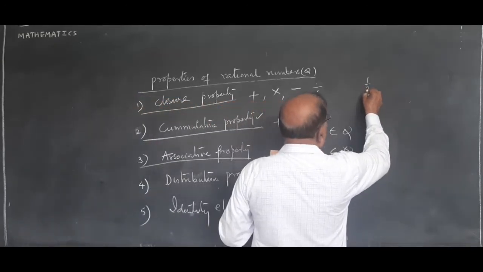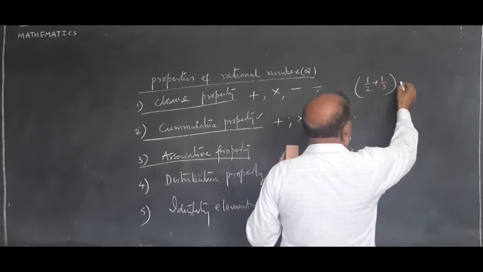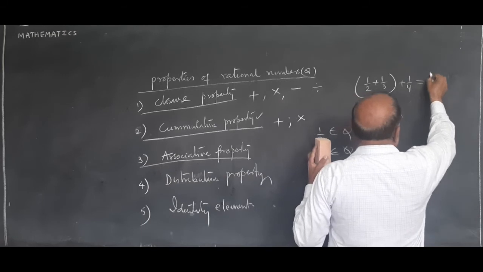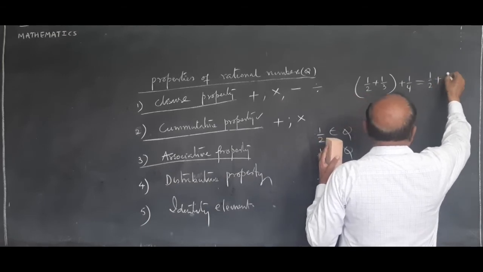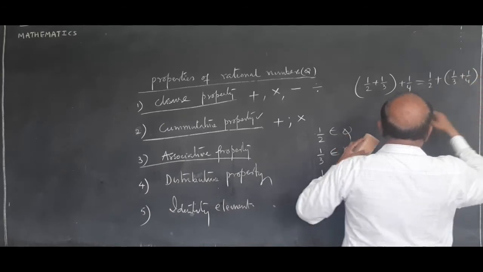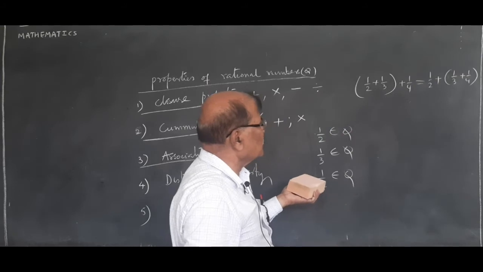1 by 2 plus 1 by 3 put together plus 1 by 4 is equal to 1 by 2 separated and 1 by 3 plus 1 by 4 put together. We have put together and let us see the results.